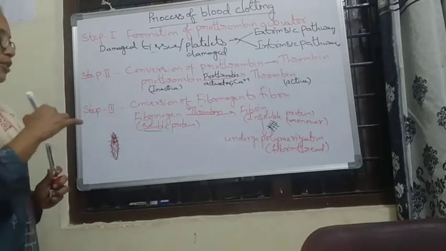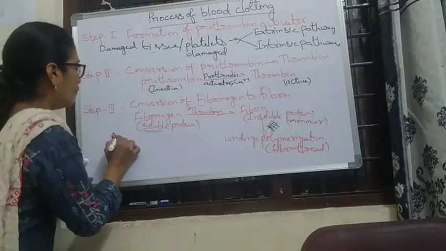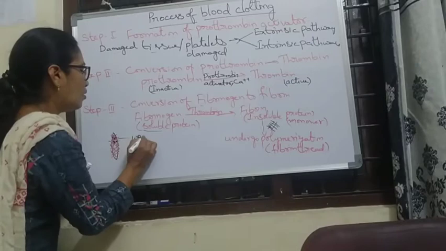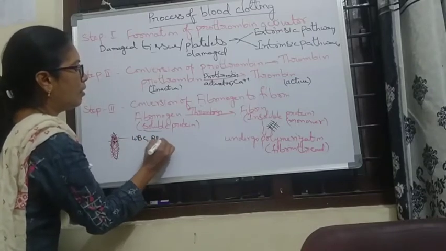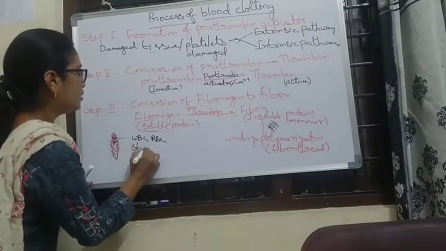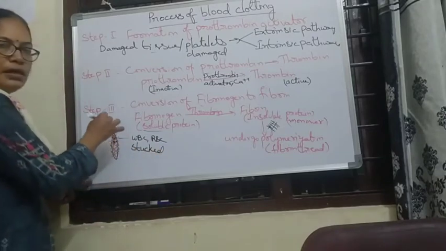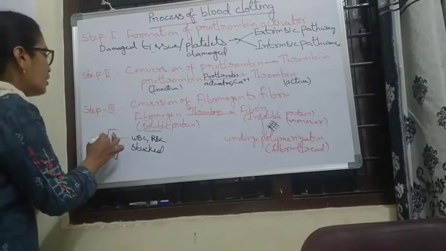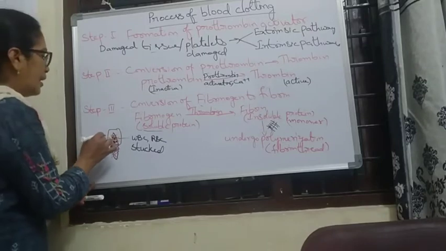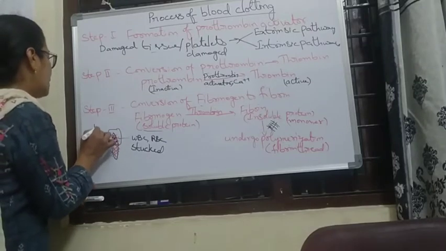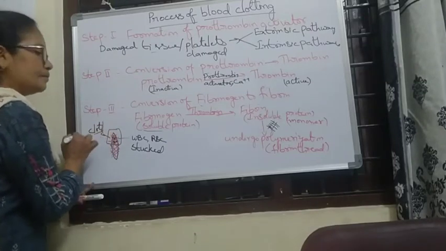In that net-like structure, the WBC or RBC are stuck in between the gaps. So here we can see it is like a clot. It is called a blood clot.